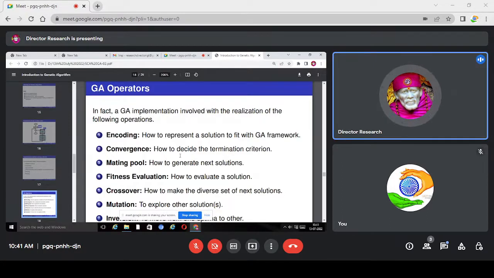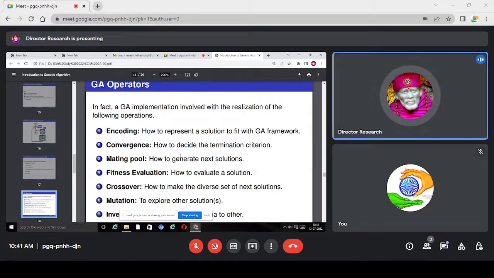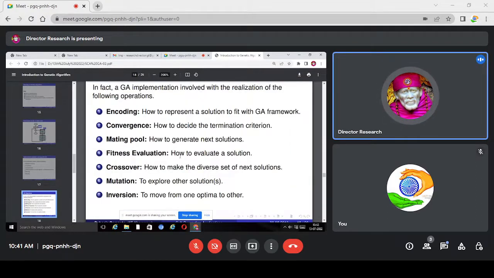Convergence, how to decide the termination criterion. Mating pool, how to generate next solutions. Fitness evaluation, how to evaluate a solution. Crossover, how to make a diverse set of next solutions. Mutation, to explore the solutions. Inversion, to move from one optima to another.